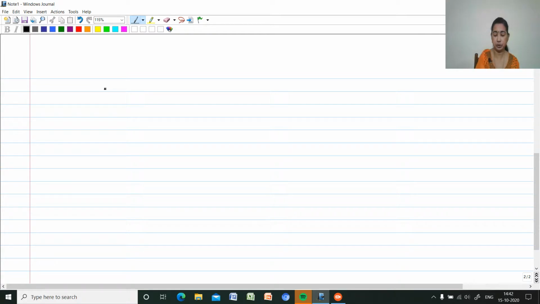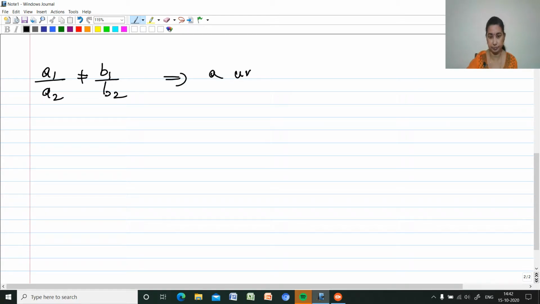We should also take care of the ratios of the coefficients, a1 by a2. This we have learned earlier, but I am repeating it once again. If a1 by a2 is not equal to b1 by b2, then we have a unique solution.